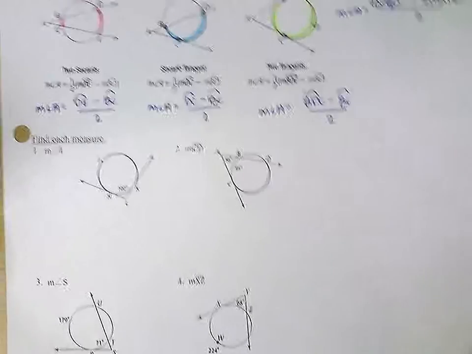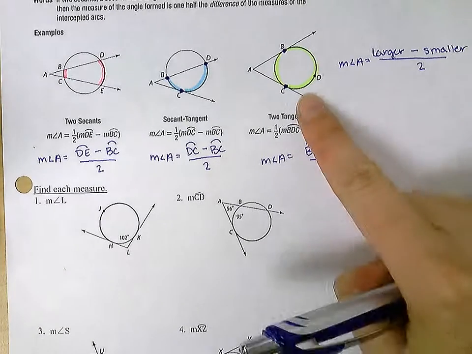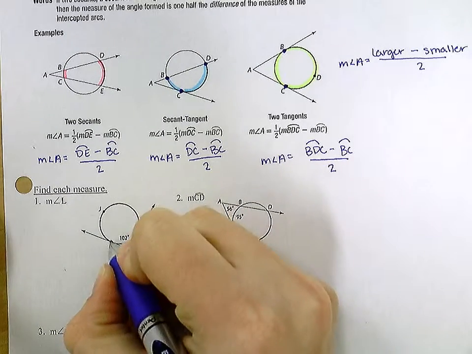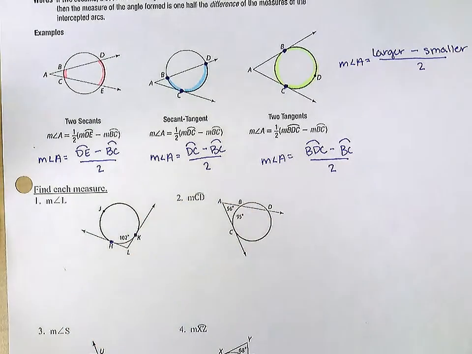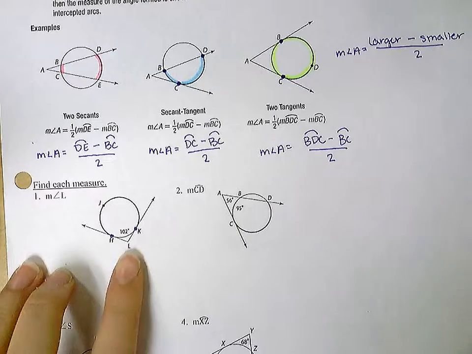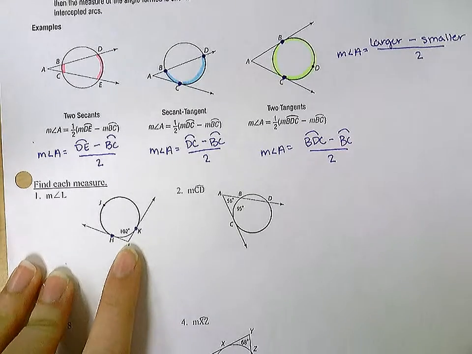Okay, first example here looks like this one. Okay, I have two tangents. And I want to find the measure of angle L. Okay, so that's this angle right here.